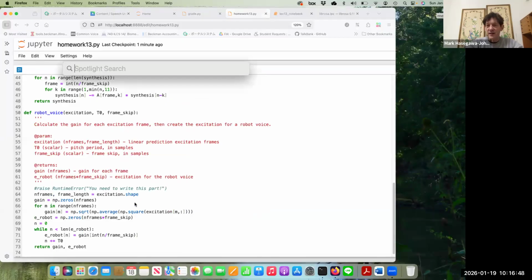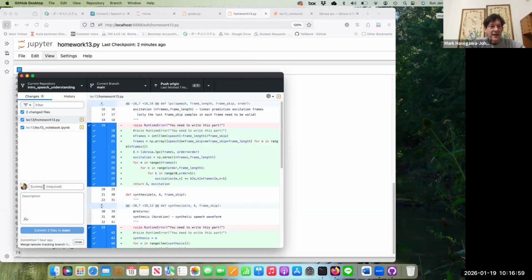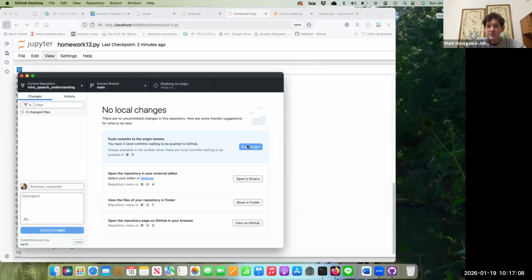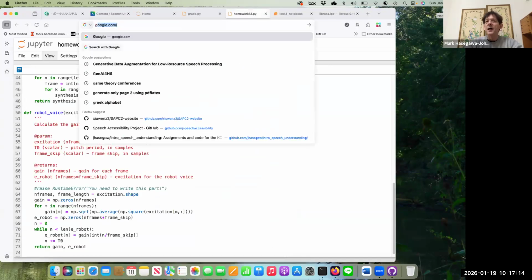Let's go ahead and start up GitHub Desktop. As long as it sounds good in the Jupyter Notebook, I would say go ahead and check it in, and if everything seems to be in order, then that will be given full credit. So we'll go ahead and check it in, and then let me go to github.com.